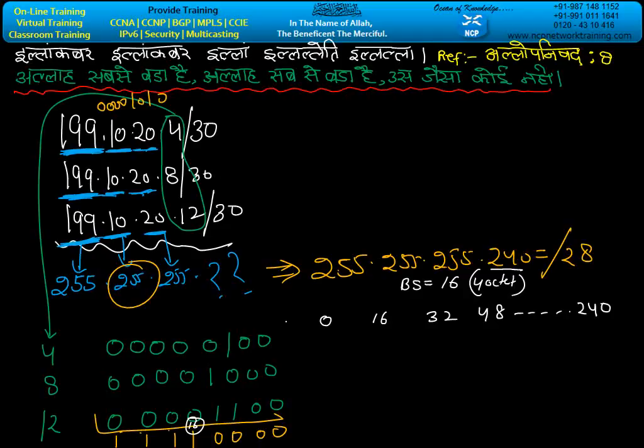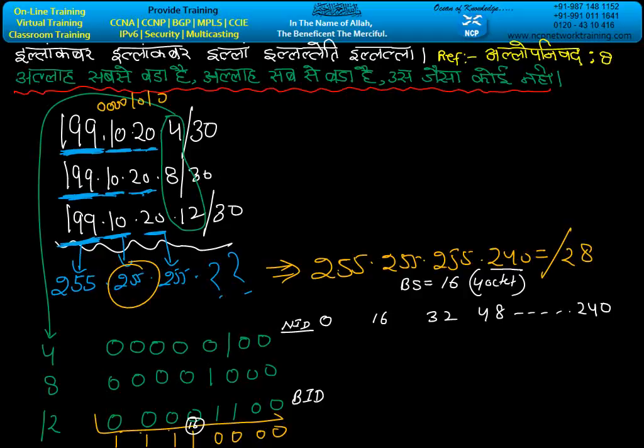And here I am writing the NID, and that is the next NID, and the next NID. From the next NID, the previous subnet's broadcast ID will be the next NID minus 1.